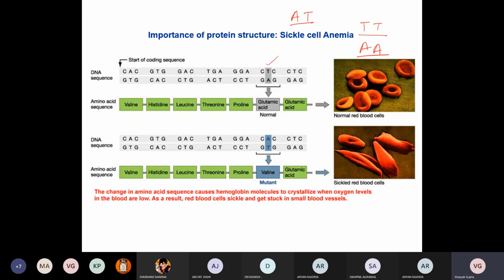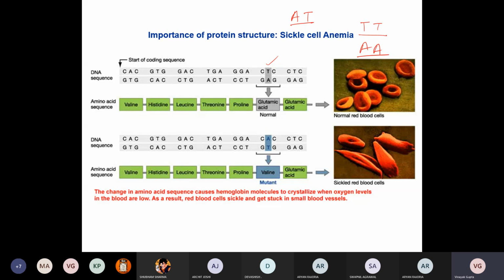Okay, so the technology which we are going to discuss is going to tell us all these three things. First of all, whether the mutation is there or not, right? And whether the individual is going to be homozygous or heterozygous. All these questions will be answered.